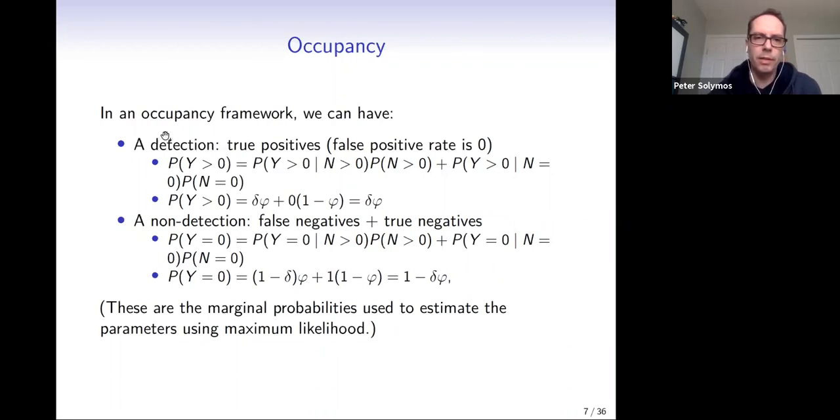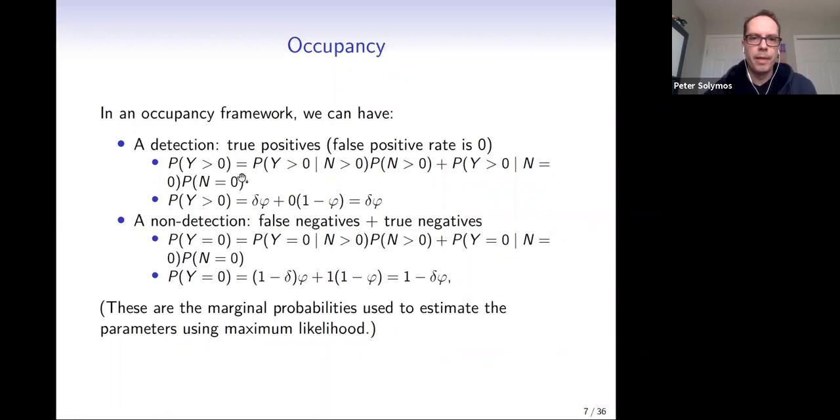So our Y, the observation, is going to become greater than 0. And in occupancy, we just think in terms of zeros and ones. And 1 means that the abundance is greater than 0. So I'm trying to always talk about abundance here, but now in an occupancy framework. And I'm not going to go into the details. This is more just for you to look up all these probabilities if you want to.